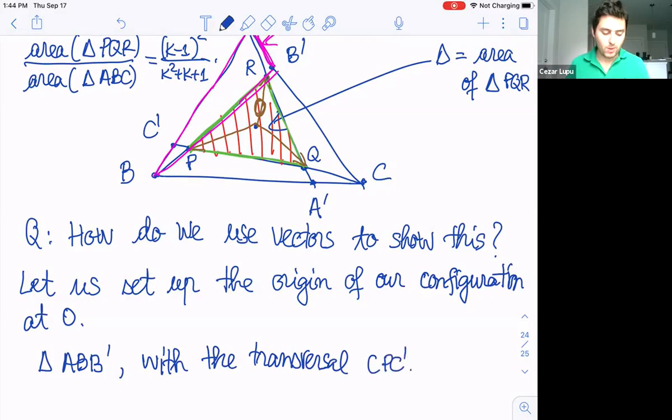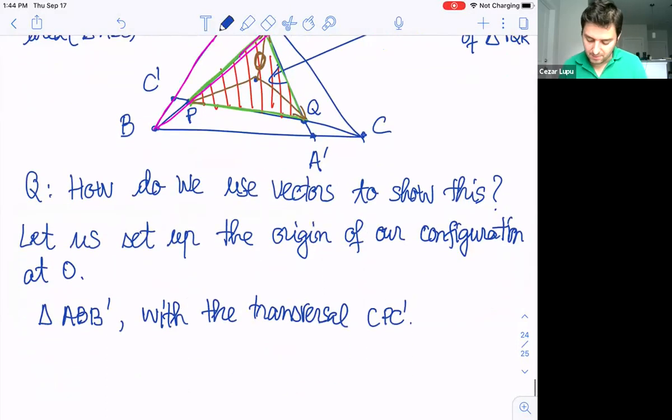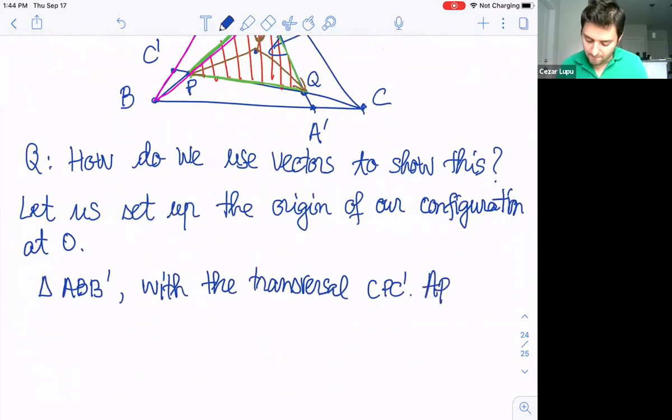And now guess what I'm going to apply? Since this is the transversal, we will apply the Menelaus theorem.